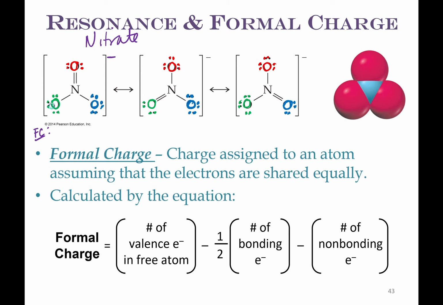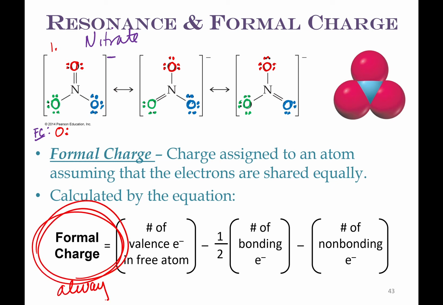So for structure number 1, so we'll do this one, number 1, the oxygen. There's so many different ways to do formal charge, but this always works. But there are easier ways to do it if they follow the octet rule. So you take the number of valence electrons in a free atom. So if I just had a free oxygen, how many valence electrons would it have? It would have 6.